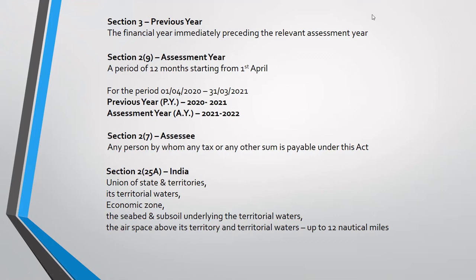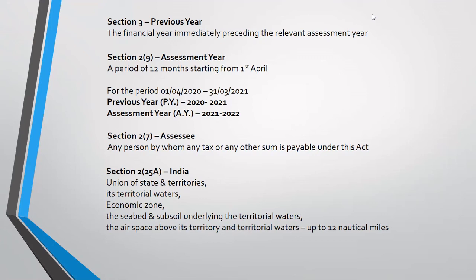Now, moving on, Section 2(7) of the Act defines an assessee. An assessee is defined as any person by whom any tax or any other sum is payable under this Act. It means an assessee can be foreign, an Indian, a company or an individual, any category of person who has earned income and is required to pay tax.